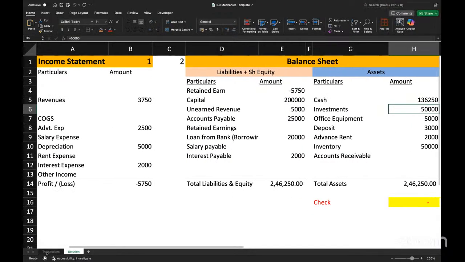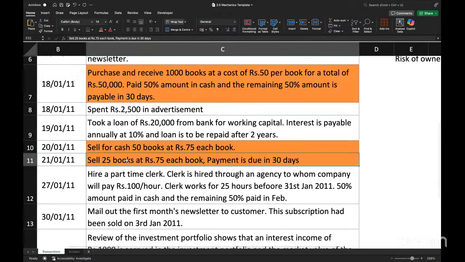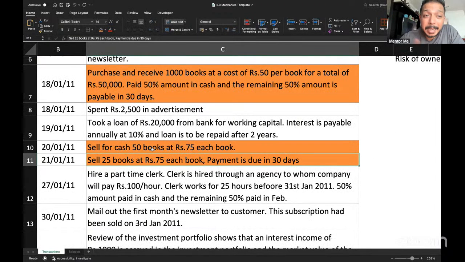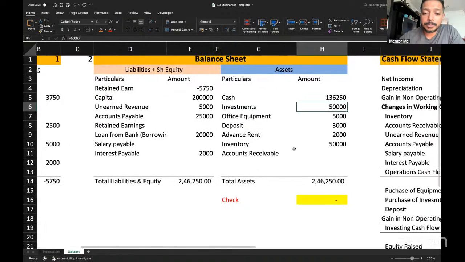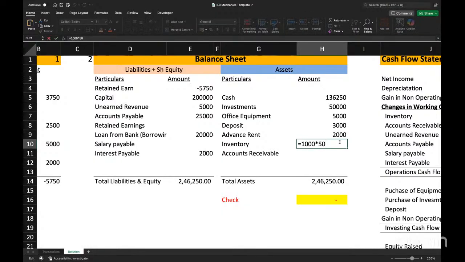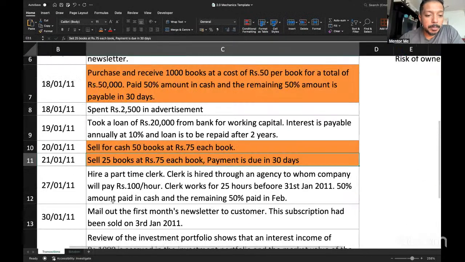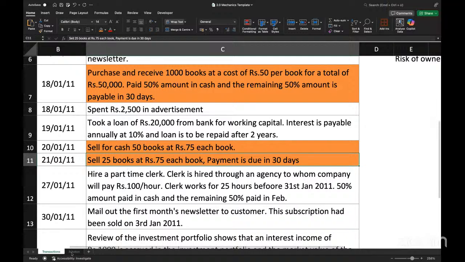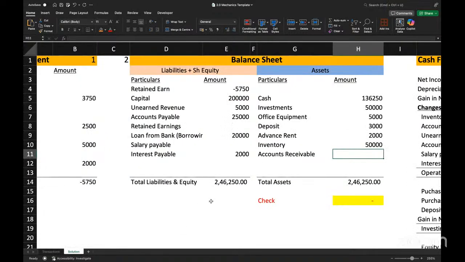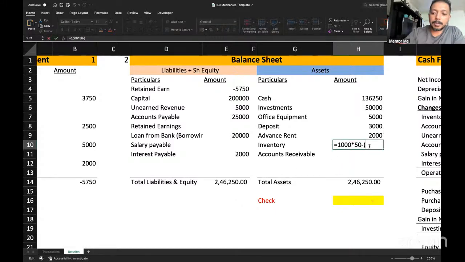Now, let's deal with the second part of this. When you're selling the book, your inventory should reduce. Yes. So now you've only sold how many books? 50 books. What was the cost price? 50. So let's first reduce the inventory by 50 into 50. Now see, this is what is the matching concept.